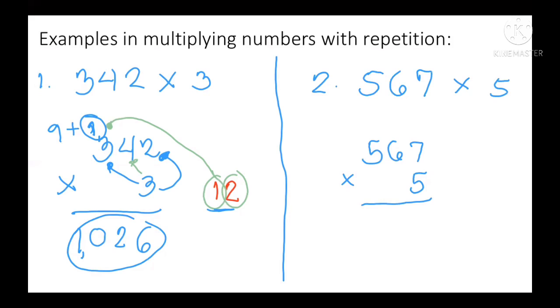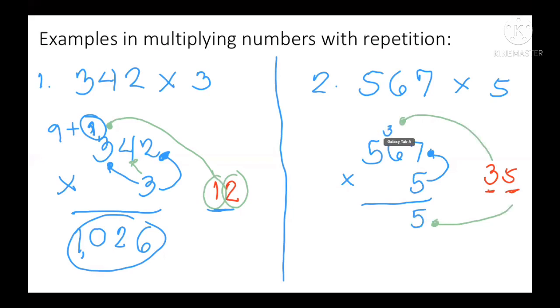So we have 5 times 7. 5 times 7, we have 35. Correct? So where do we put 5 and where do we put 3? Correct. 5 will move here and then 3 will move on the top of 6.